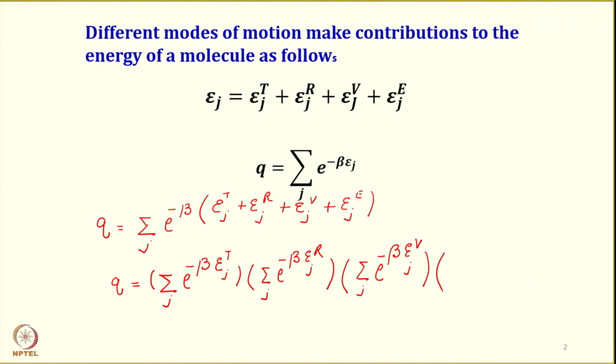Let us include the last contribution also here, summation over j of exponential minus beta Ej electronic. And now recognize each one. First one is Qt, second one is Qr, third one is Qv, and fourth one is Qe.